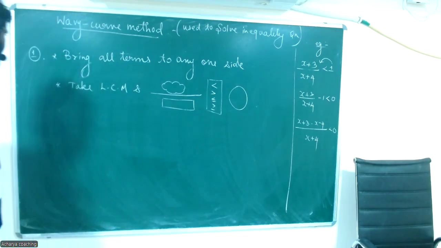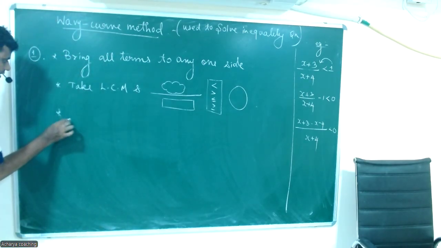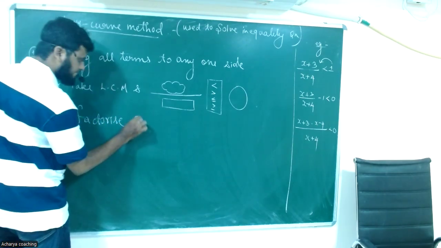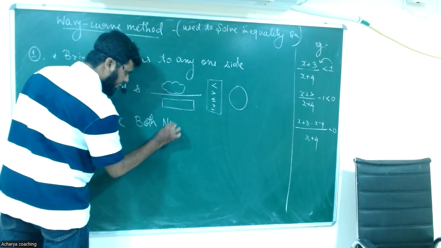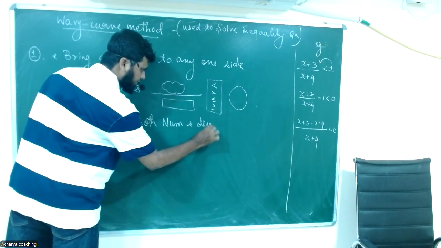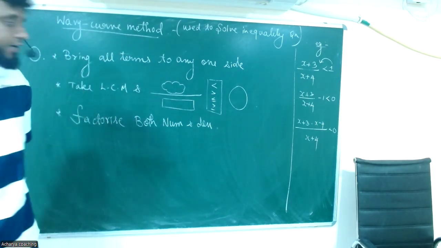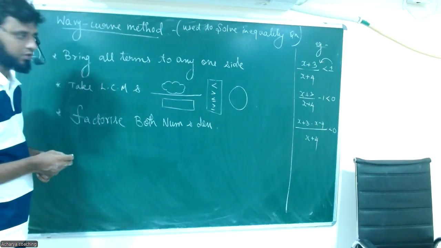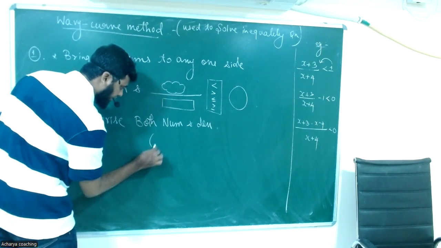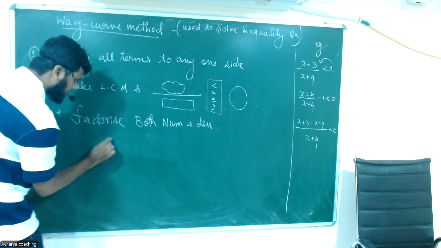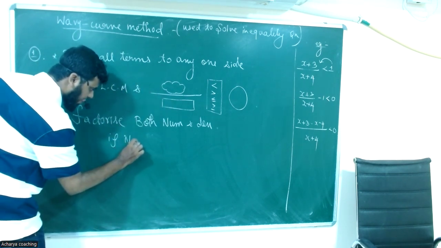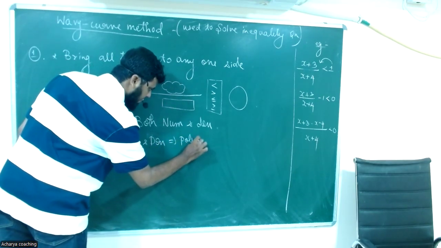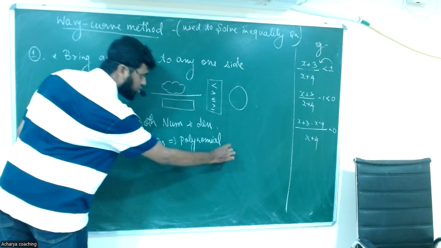So after writing in this format, what we have to do is factorize both numerator and denominator. If it is a polynomial, suppose this is a polynomial and this is also a polynomial, so write as a product of linear factors. If numerator and denominator are polynomials, what we have to do?